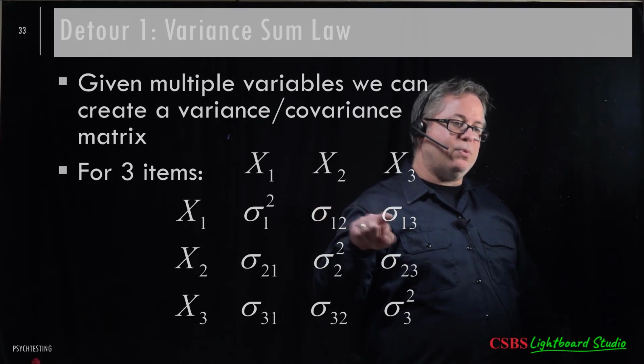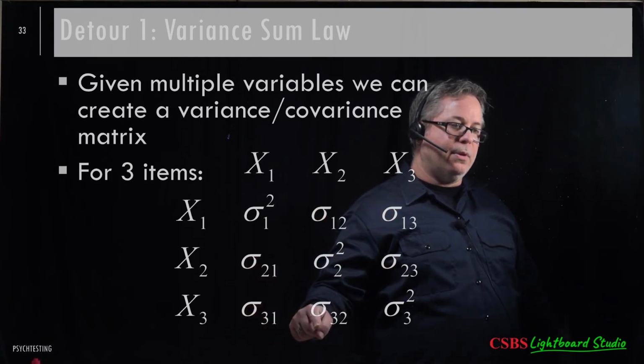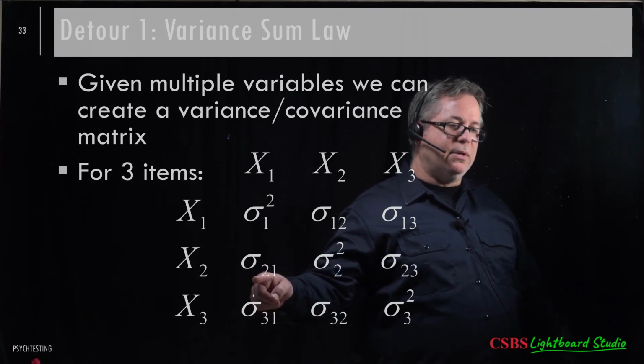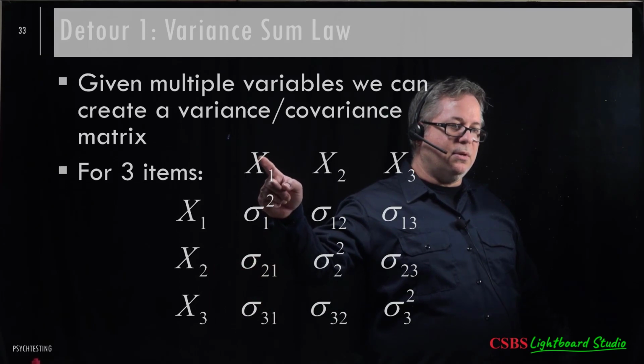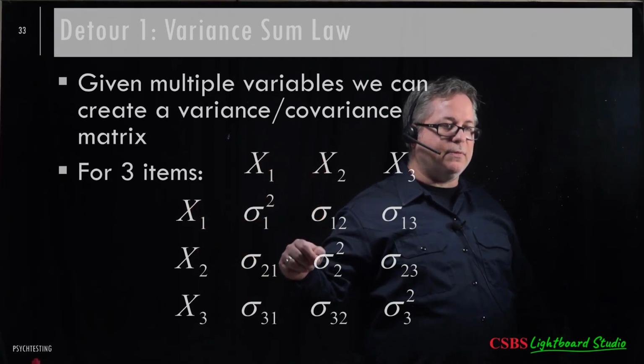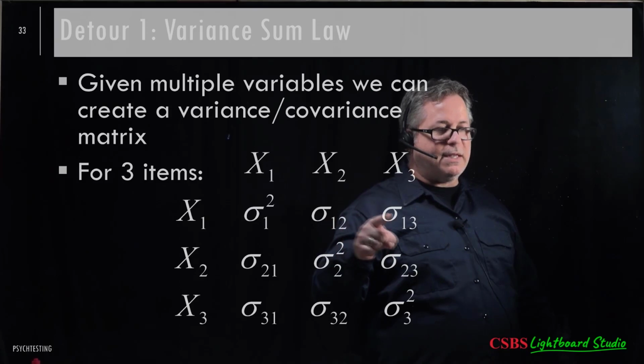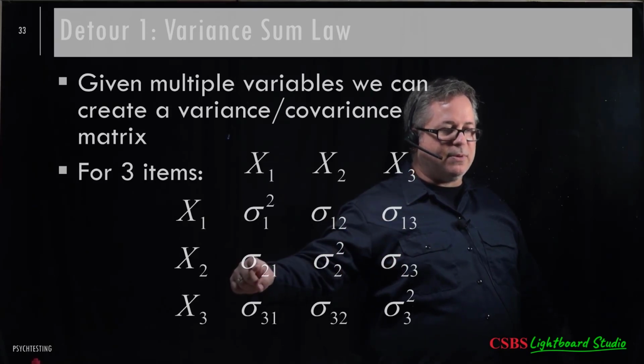And these 3 covariances repeat down here. So even though this says 2, 1, the covariance between X2 and X1 is the same thing as the covariance between X1 and X2. They're just going to repeat themselves. The part above the diagonal is the same as the part below the diagonal.